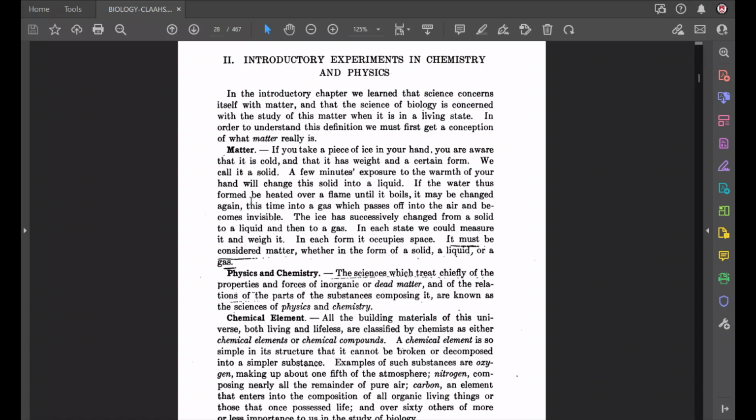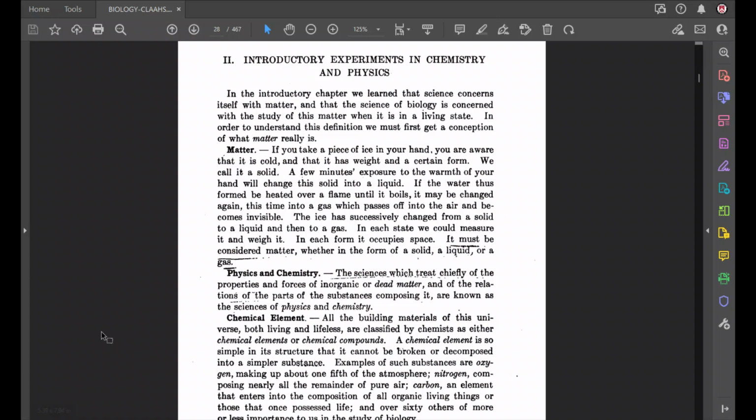Biology is the study of living matter. Physics and chemistry are the study of non-living matter. Okay? Biology is the study of living matter. Physics and chemistry are, for the most part, the study of non-living or inorganic matter.